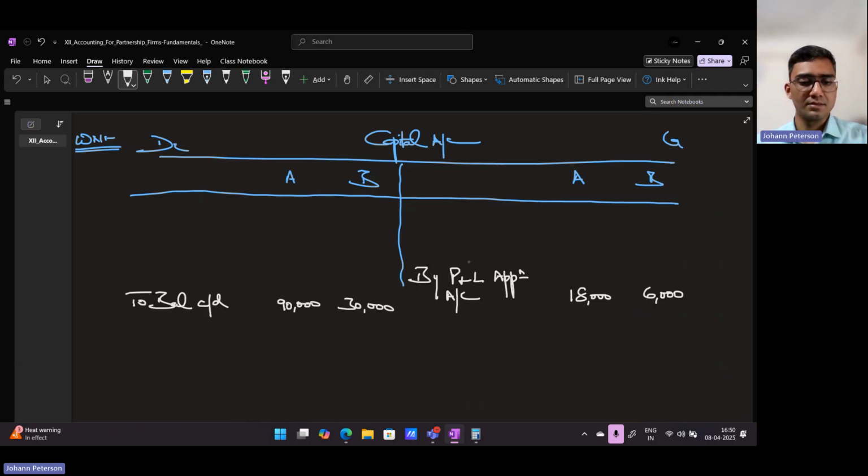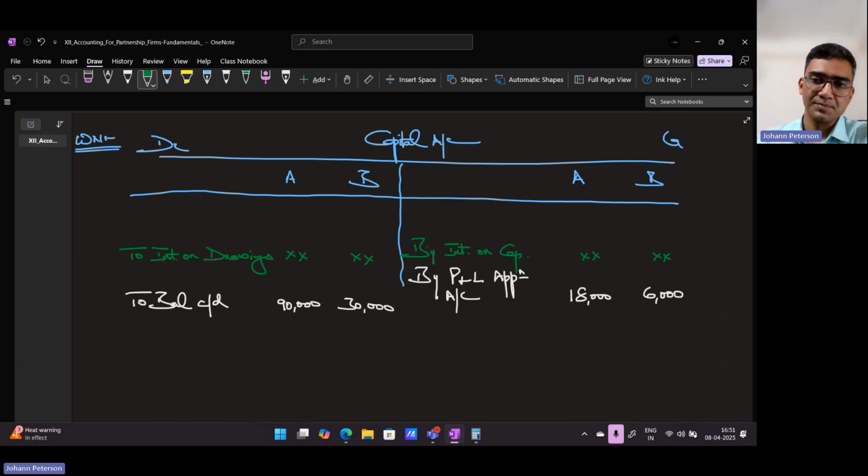Once this is done, we are told, just like in the previous questions, interest on capital was not considered. So I'm not writing it here. Similarly, interest on drawings was not considered when this profit was distributed. So here also I'm not writing.